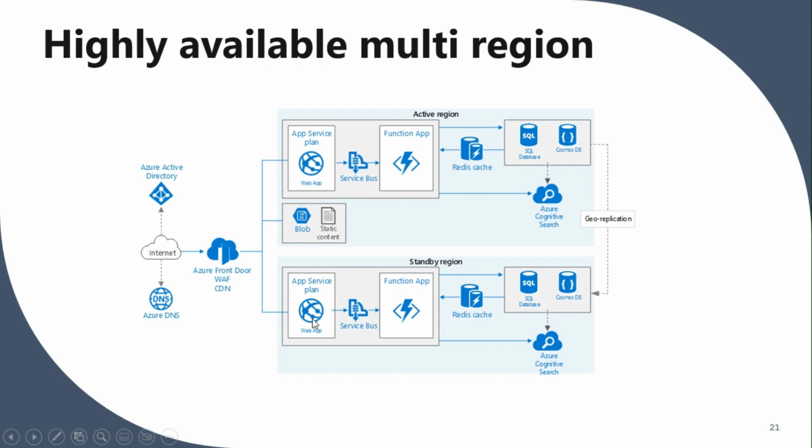The other option is active passive with a cold standby. The traffic goes to one region, so in this case it will always go to the active region, and you will not set up the standby region. In case of a failover of the active region, you will spin up the VMs or the app service in the standby region and route the traffic to the secondary region.